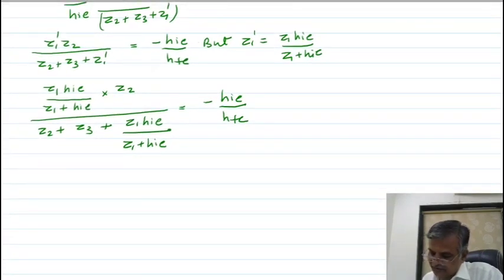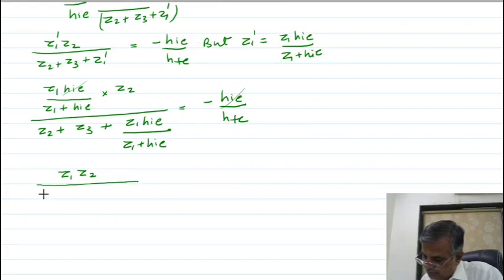Now look here. So you can easily simplify. Already we did this in the Hartley oscillator. So this is first cancelled. So Z1 Z2 upon Z2 Z1 plus Z3 Z1 plus hie I have taken common, Z1 plus Z2 plus Z3, is equal to minus 1 upon hfe.